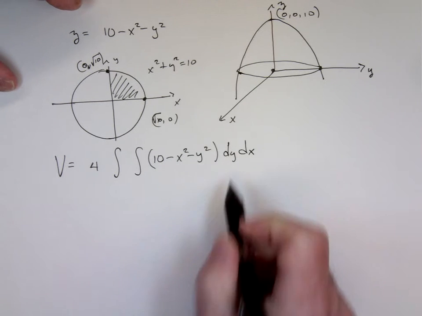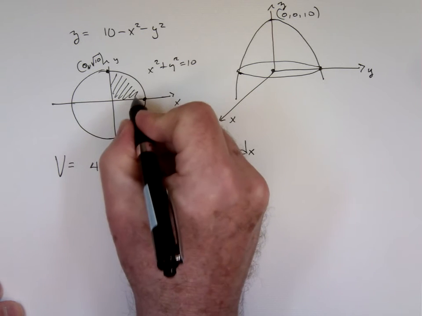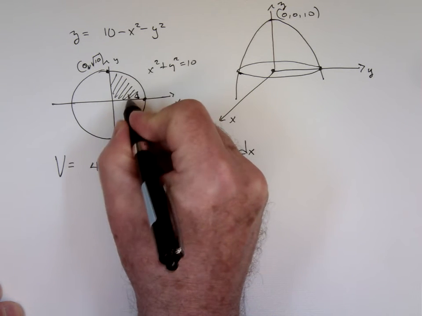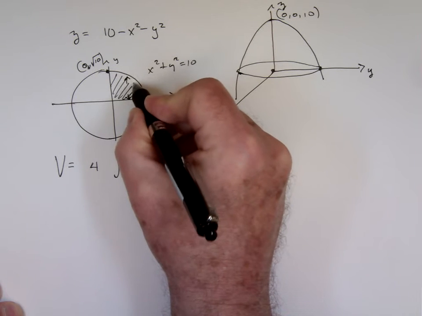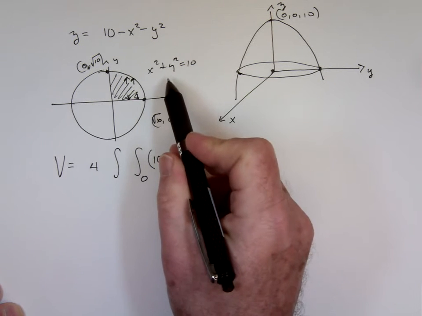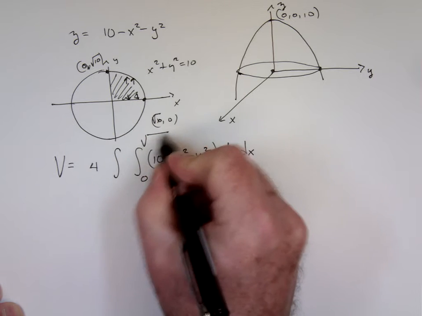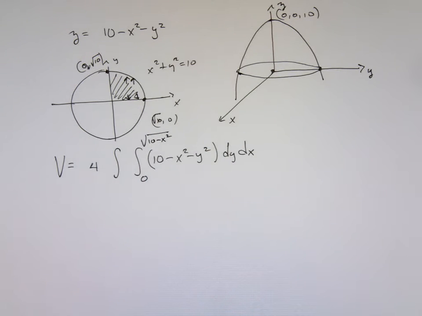Now, where are the y's going to go? The y's are going to go from here, the bottom, at 0, until we hit the graph of the circle. The equation of that circle is the square root of 10 minus x squared. That'll be the upper limit on that integral.